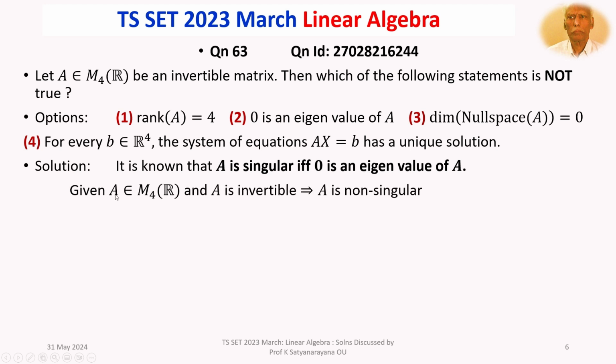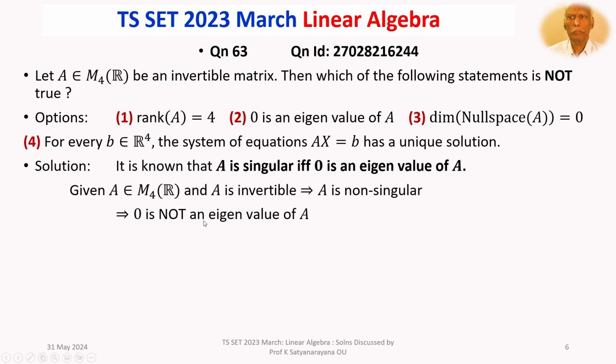We are given A belongs to M4 over R, and we are also given A is invertible. A is invertible means A inverse exists, that is A is non-singular. And when A is non-singular, 0 is not an eigenvalue of A. Why? A is singular if and only if 0 is an eigenvalue of A. From that, if A is non-singular, then 0 is not an eigenvalue of A, you will obtain.